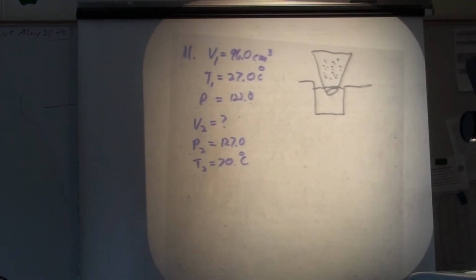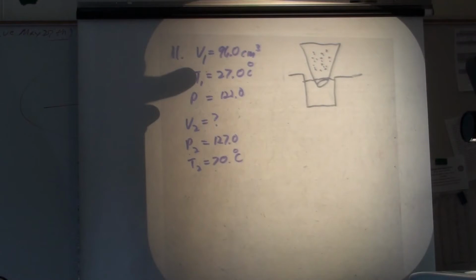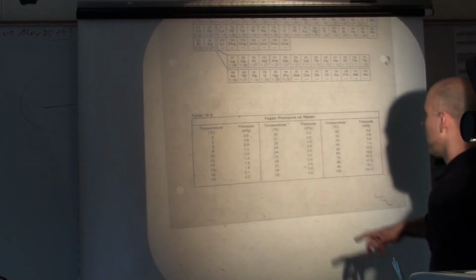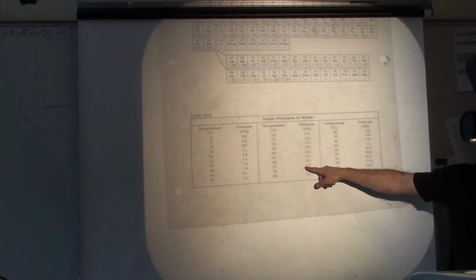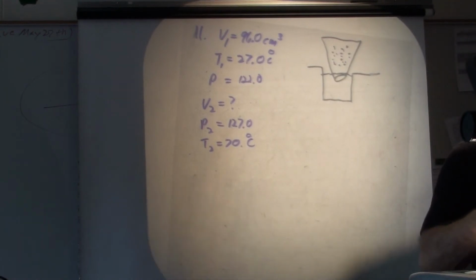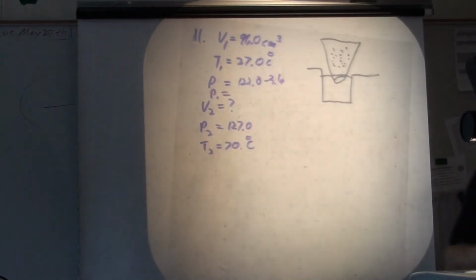That's why you go to Appendix O. Our T1's 27 degrees Celsius, and at 27 degrees Celsius, the pressure is 3.6. So we have to subtract out 3.6 to get our P1.